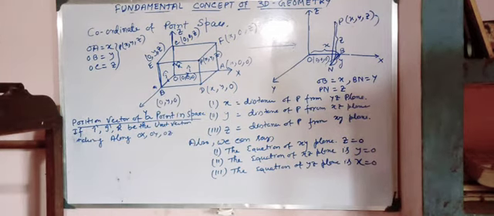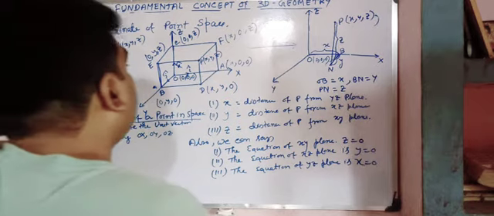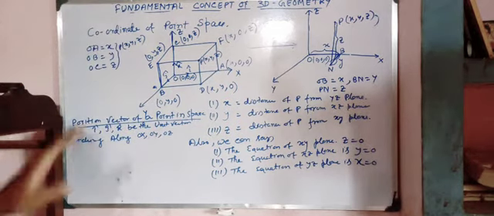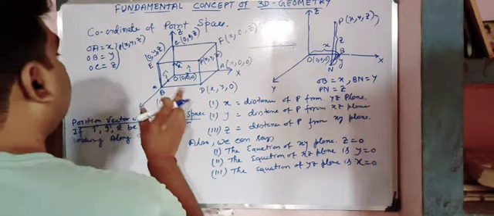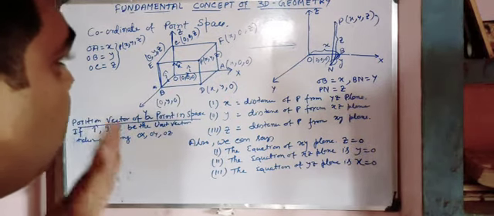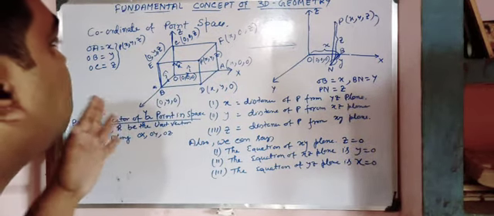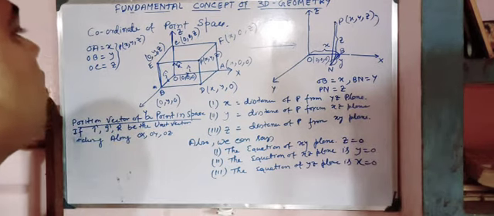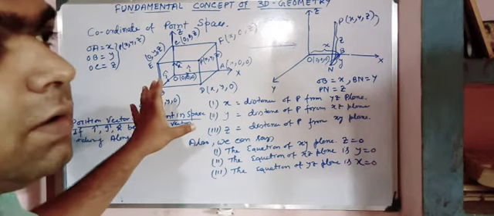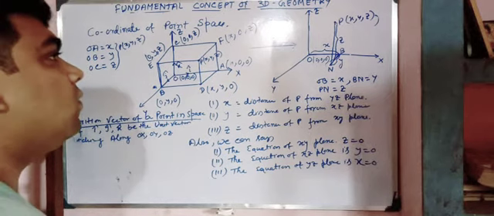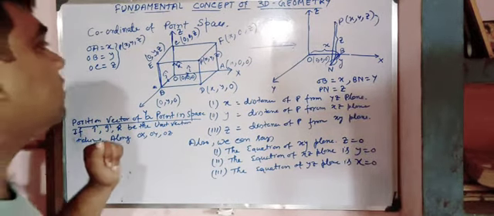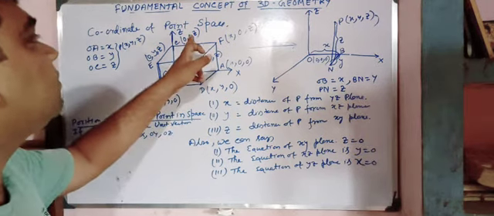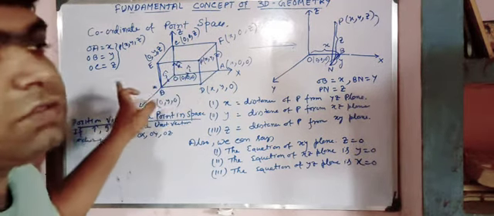Now one thing I have to tell you: from both these two figures, we are taking the positive values or the positive direction of a three-dimensional figure. There should be negative values of a three-dimensional figure also, that is negative coordinates. If x is present here, then negative x should also be present here.